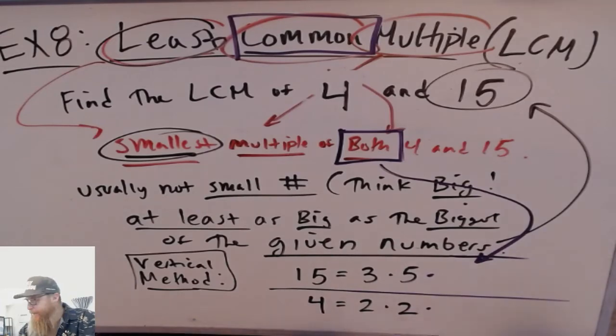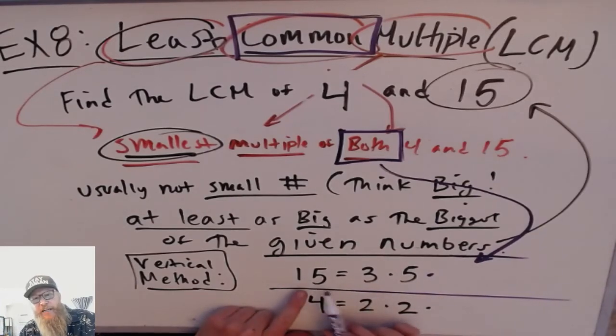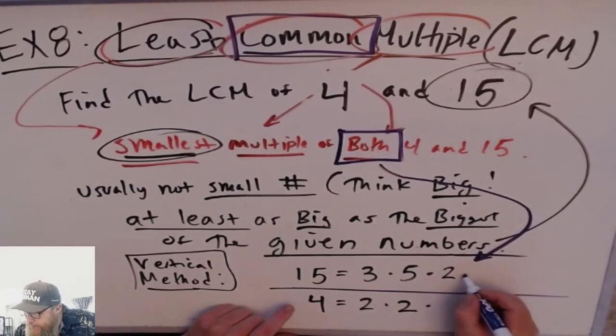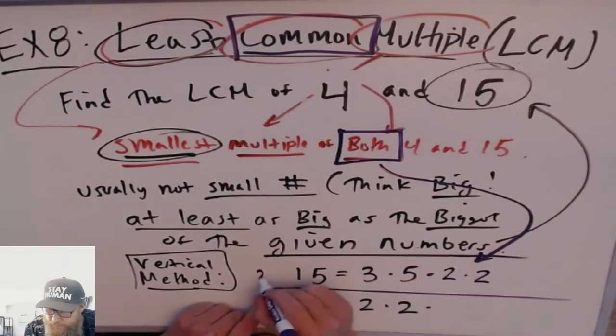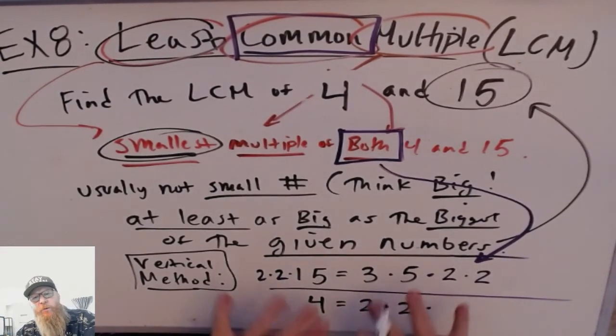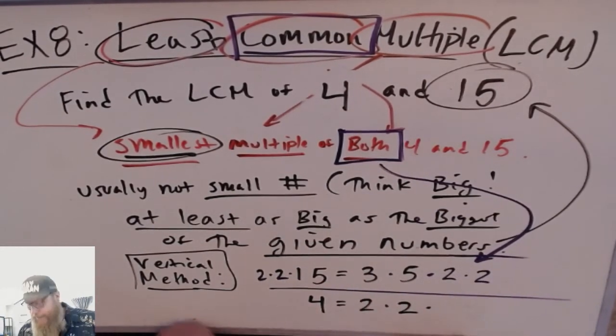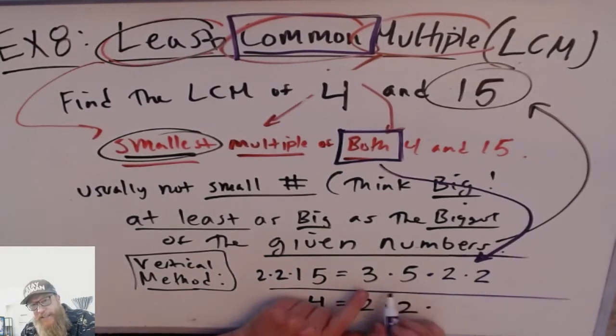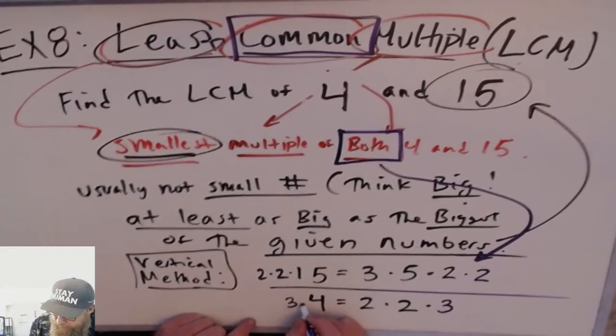So let's just look at the top number first. Top number is 15. Notice what it doesn't have. It doesn't have any 2's. So let's give it two 2's, so you keep it equal. Now this side has two 2's, but it doesn't have the 3, so give it a 3.